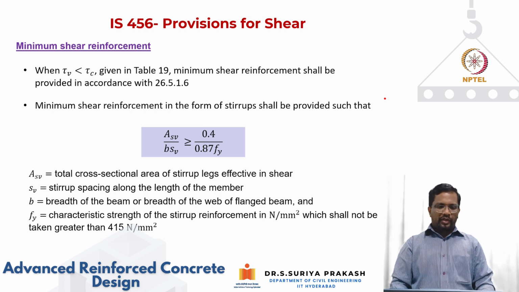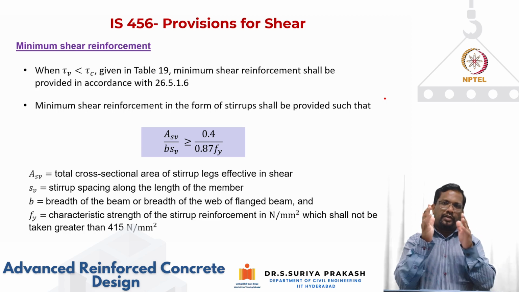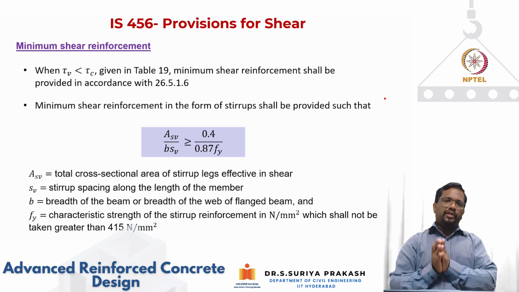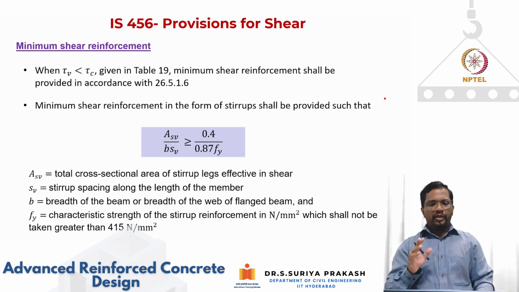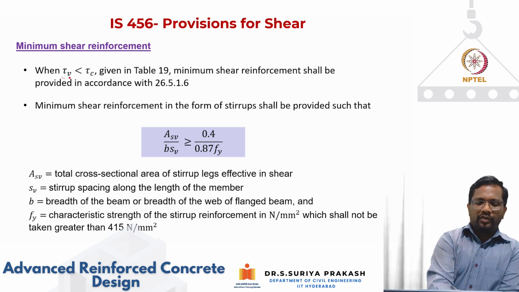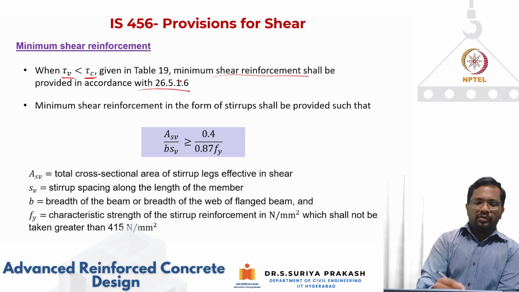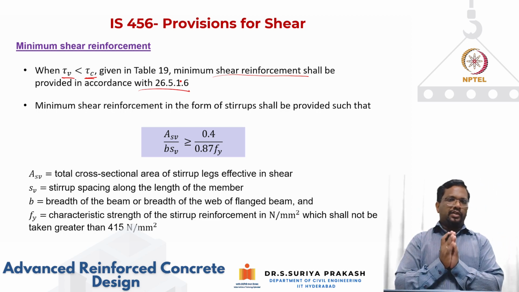Now the code also recognizes that VC has 3 components: uncracked concrete, aggregate interlock, dowel action. All of that will be activated only if your crack width is limited. Now to limit the crack width, you have to make sure that you put some minimum reinforcement. Especially when your tau V, the nominal shear stress, becomes less than tau C, the minimum shear reinforcement shall be provided. Though it is less than your concrete capacity, it's better to provide some nominal reinforcement.